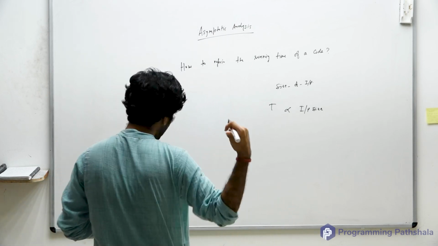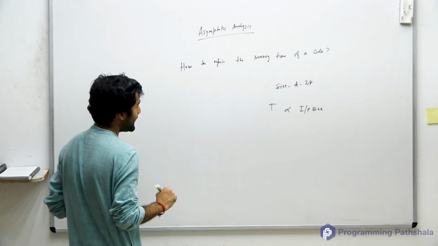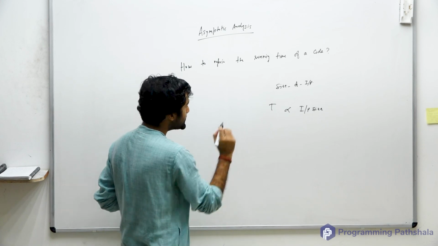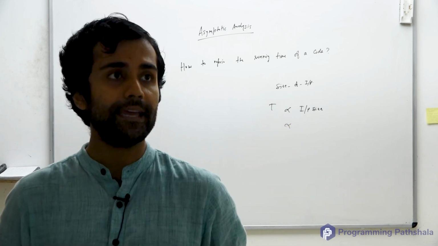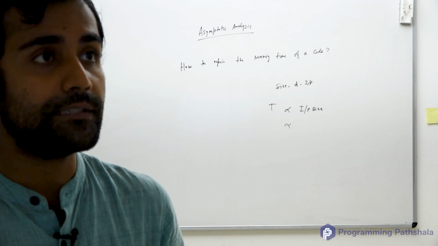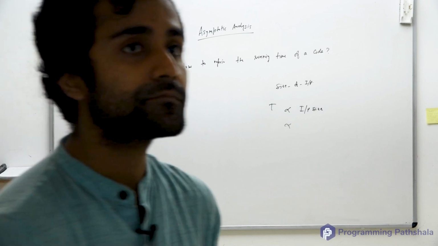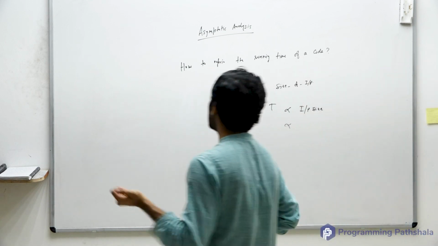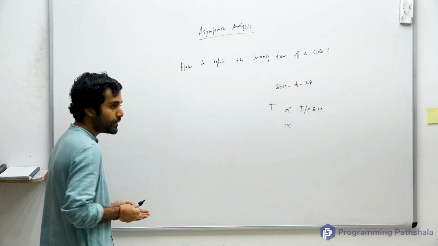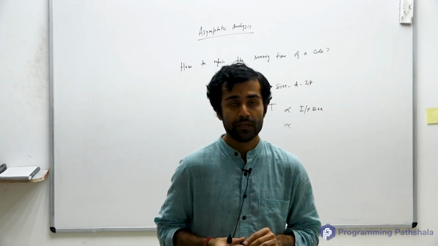But as one of you pointed out, don't you think it depends upon many other parameters also? One of you is saying it also depends upon the system on which it is running, and that is correct. Think of it this way: there is a piece of code which you run on your personal desktop or laptop.